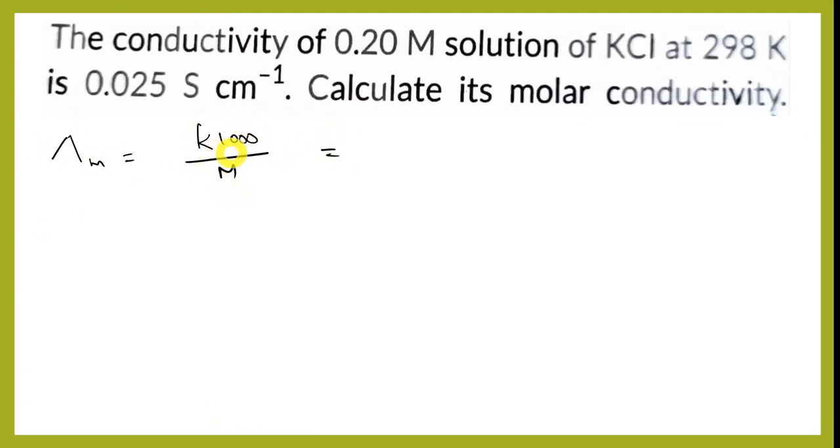We can substitute here the value of kappa, the conductivity, that has been given to us: 0.025 Siemens per centimeter into 1000 by the concentration of the solution, that is 0.20.